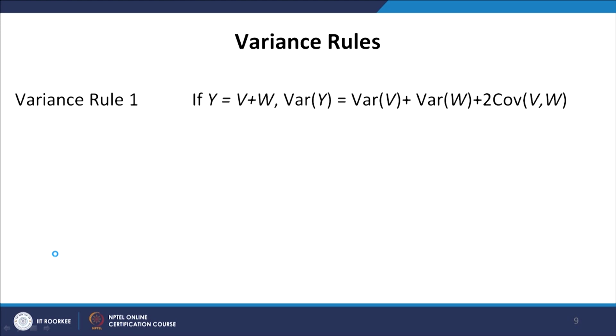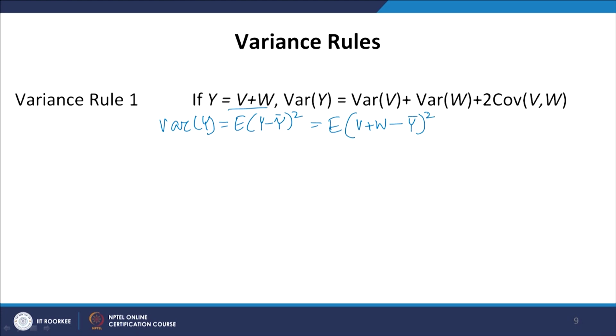Now, this follows from the fact that, how do we write variance of y? Variance of y is the expected value of y minus y bar whole square, right. So, if y equals v plus w, then that becomes expected value of v plus w minus y bar square.